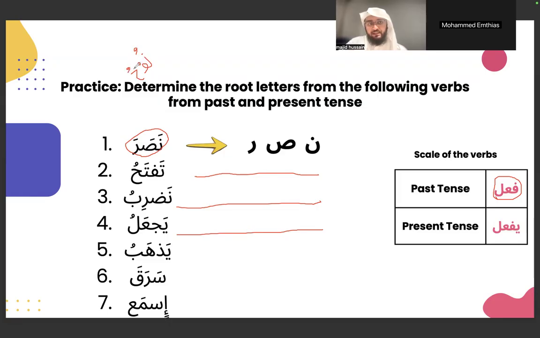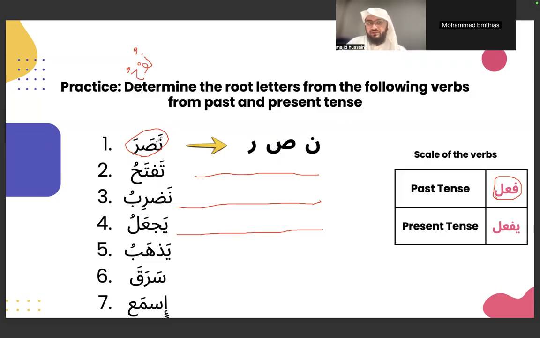Because it has a sukoon in its original letters. So in the verbs, one way to identify is that you will have the harakat in all three letters. You will not have a sukoon in the middle of any root letter. That's also a sign to identify the verb.